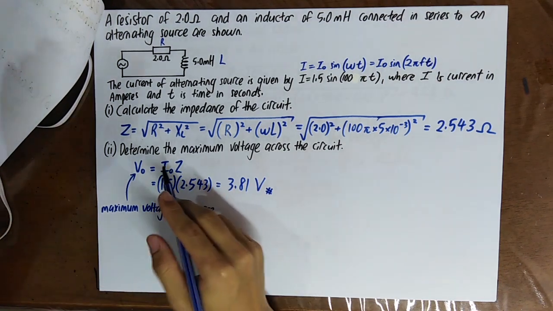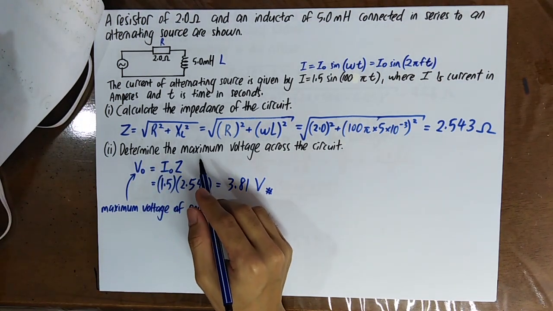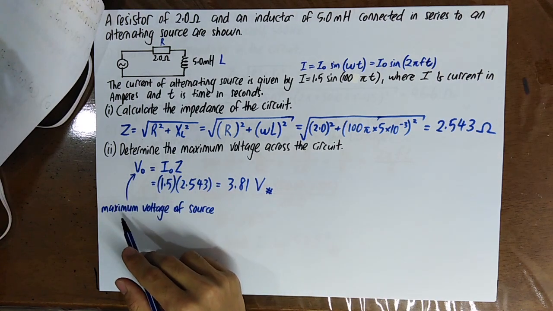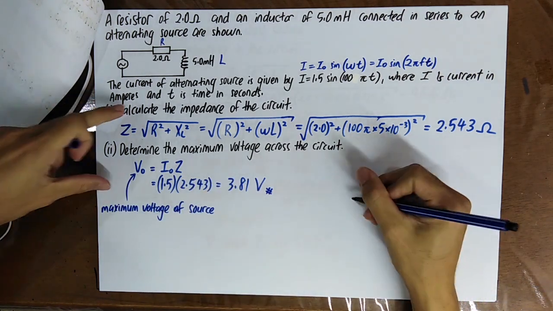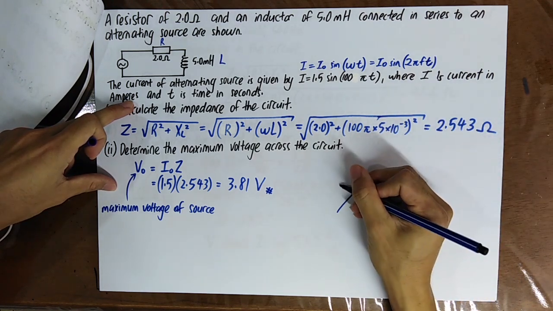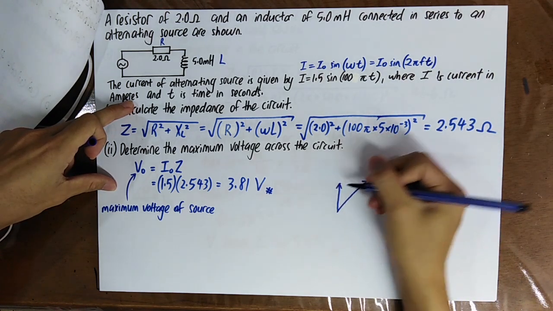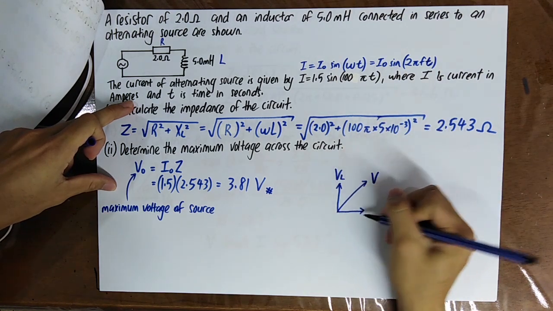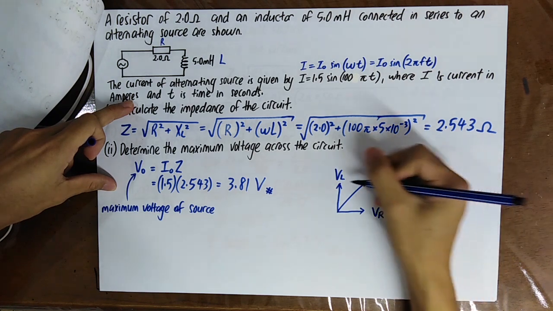Okay, do you know why when the question asks us to give the maximum voltage across the circuit, I give the maximum voltage of the source? Because this is the voltage of the source, and then this is what? This is the voltage across the inductor. This is the voltage across the resistor.